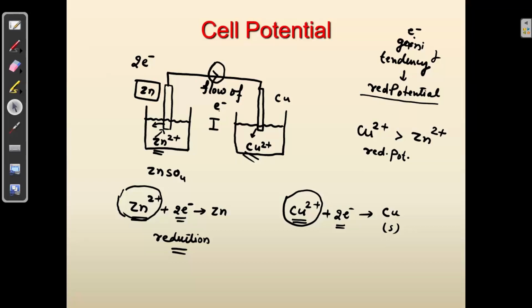Now, why did this happen? Because the reduction potential of copper is more than zinc. How much more? So what we have to do is find out the difference: the higher potential minus the lower potential. That means I have to talk about the difference in this reduction potential.